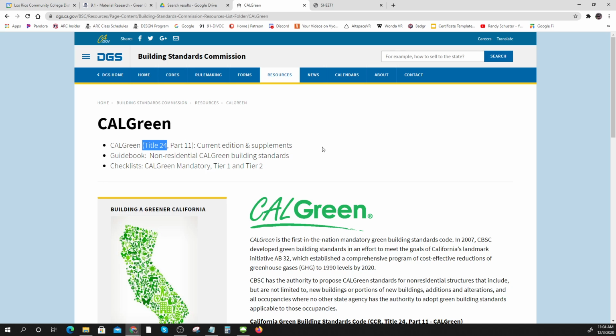And finally, I don't remember exactly when it was, I think it was in the late 50s, California sort of put together a pretty good building code, but it wasn't until the big earthquake down in Southern California in the 70s that everything got really pulled together tight. And Title 24 came into being.